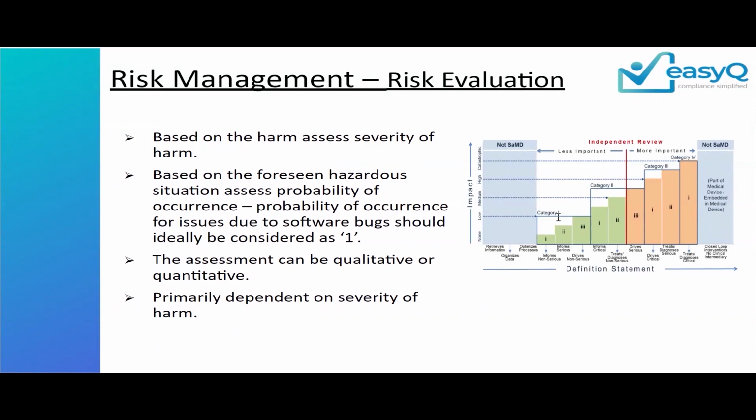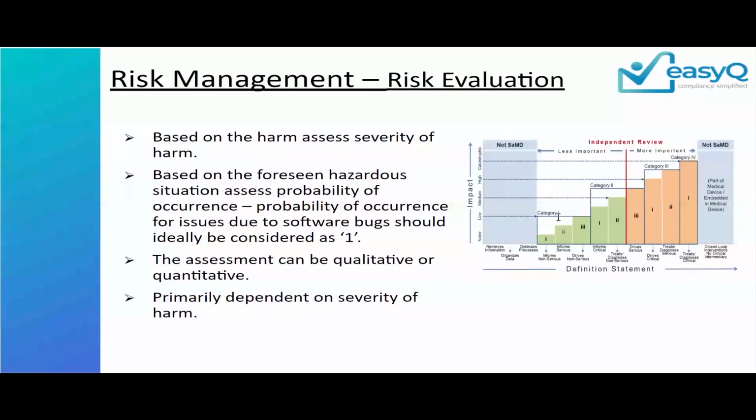You look into the foreseen hazardous situation that you might have defined, and you ask yourself, how frequently can this happen? And you combine the two to understand your final risk priority number, RPN as we call it, which is a combination of severity of harm and probability of occurrence, and then you see where it lies.